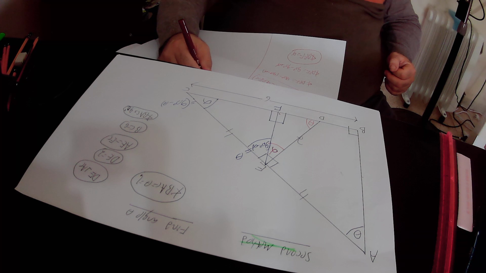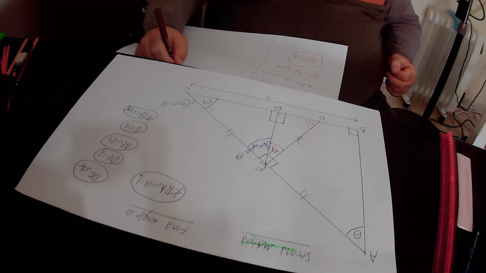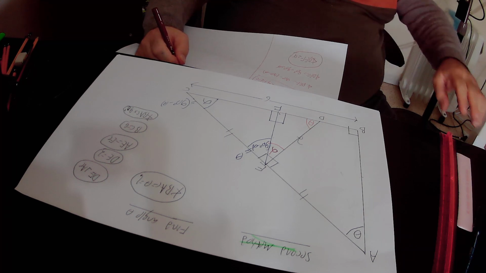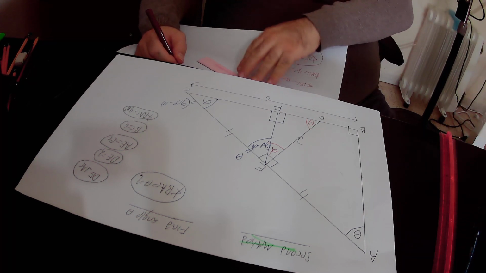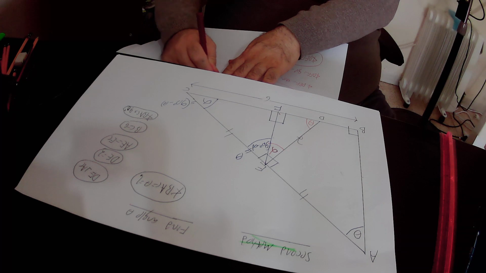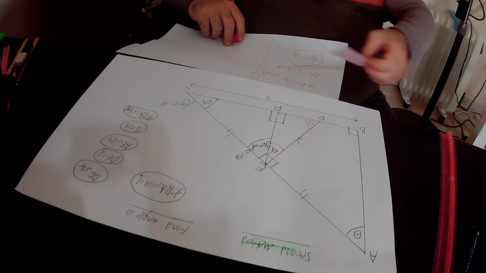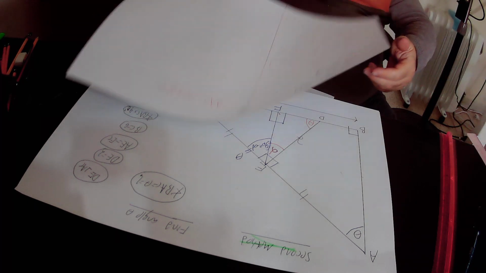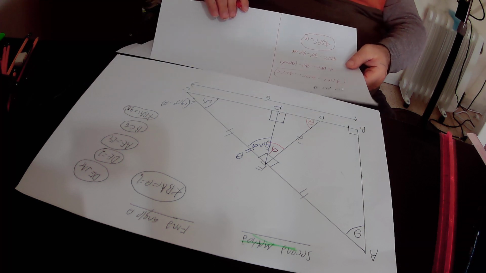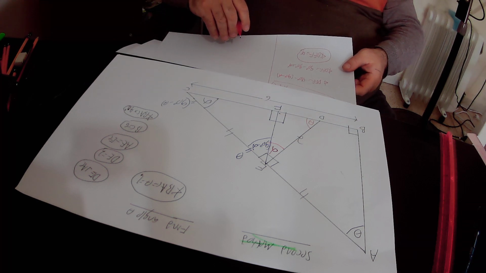Triangle ABC, the big right triangle, is similar to the small right triangle, triangle FEC.